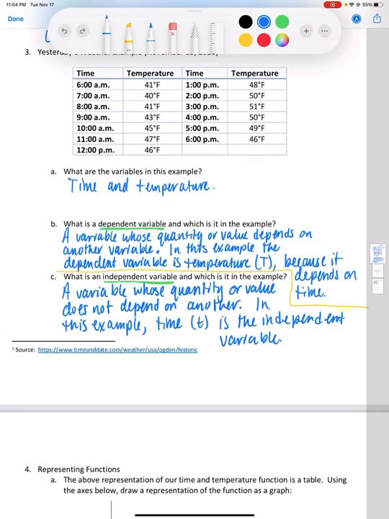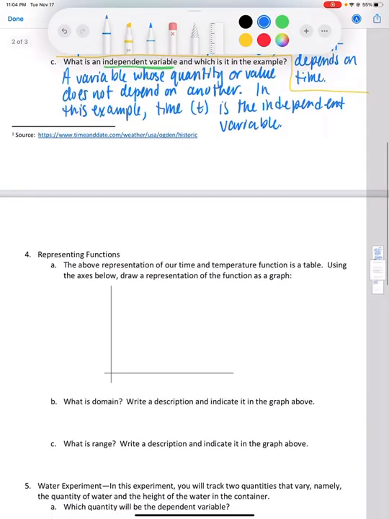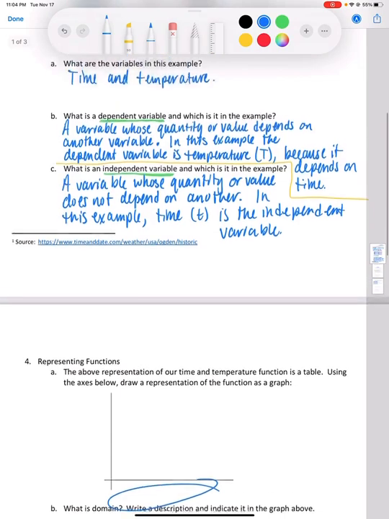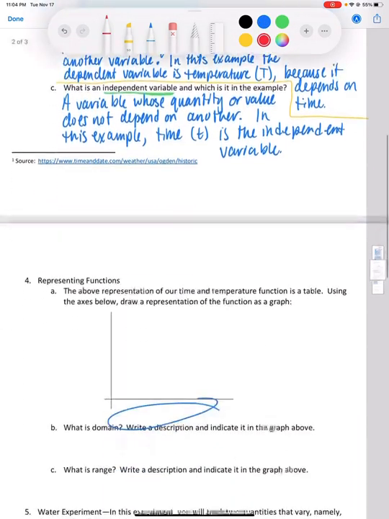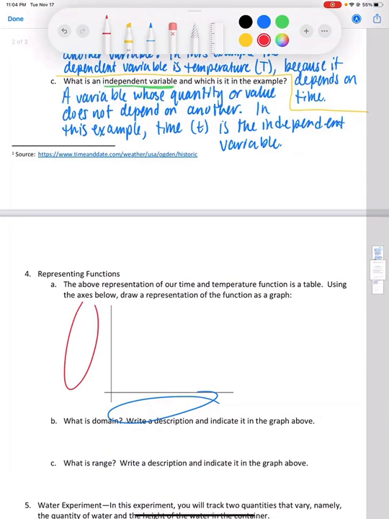The graph will be drawn where we put our independent variable on the horizontal axis. So that's time. Time is going to go on the horizontal axis. And the dependent variable goes on the vertical axis. Dependent is temperature, so the temperature is going to go here.